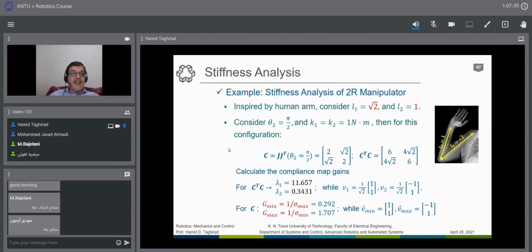So by this means, we have completed the behavior or the inherent properties that a Jacobian can have on the properties of a manipulator.